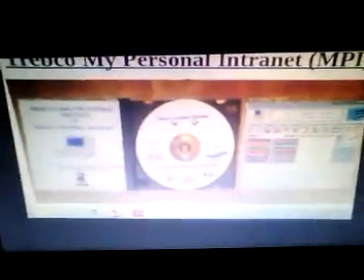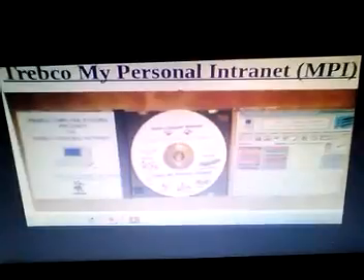This is the Trebco Christian Internet. It was a software package I was working on. And then, of course, the Trebco My Personal Internet, the MPI, seems to be the one that everybody likes, but it's not the number one package. It's actually a number two package. Number one is the PI.